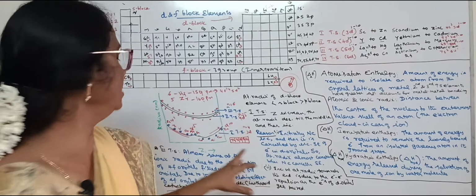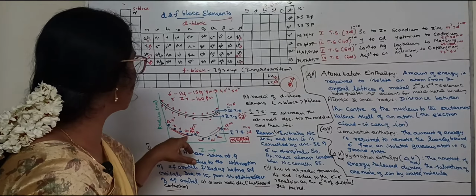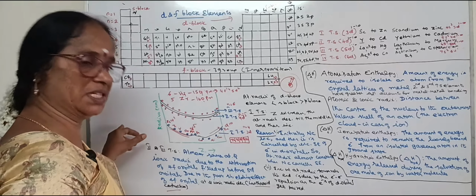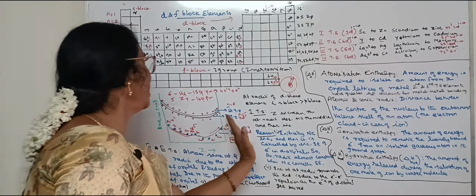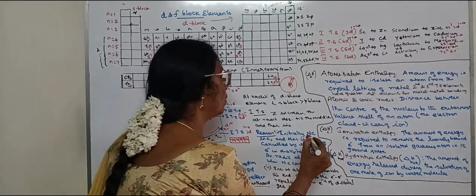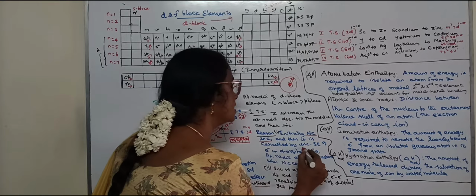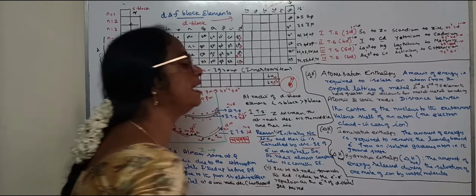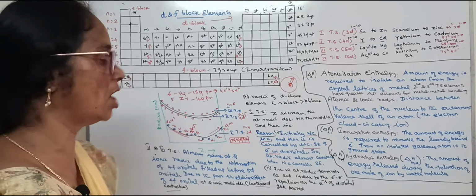So you can find the reason for the decrease in atomic radii of the first transition series, followed by a constant region, is the increasing nuclear charge that gets cancelled by the increasing screening effect of electrons in d orbital.